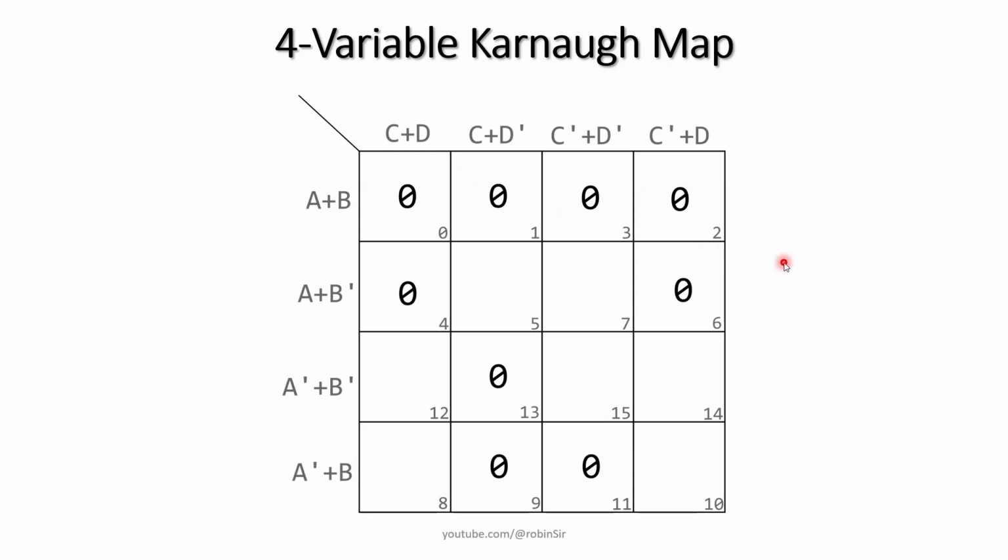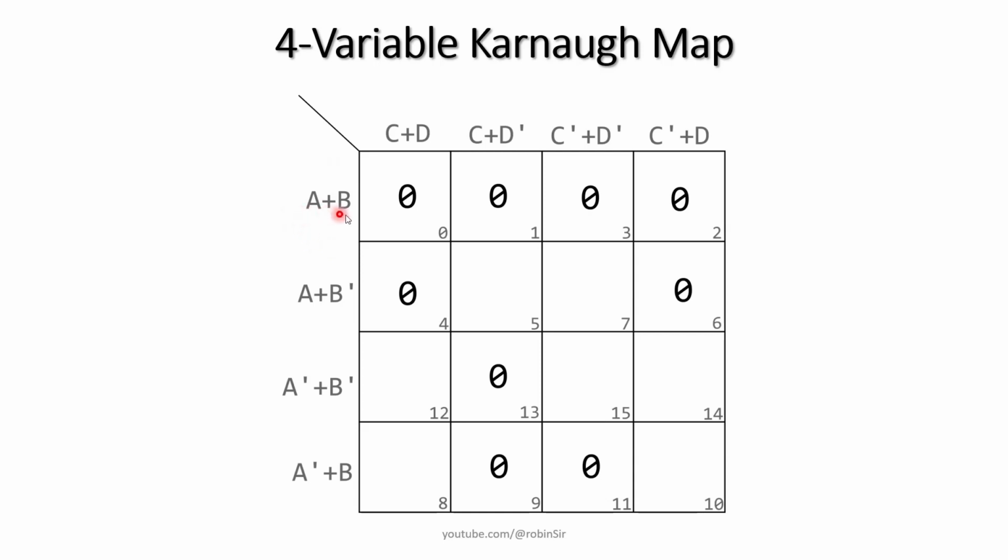Another difference that you will see between POS and SOP is that when we are writing all the combinations of these variables, like here we have different combinations of A plus B, and similarly here we have different combinations for C plus D. Here 1 is written in complemented form and 0 is written in non-complemented form.